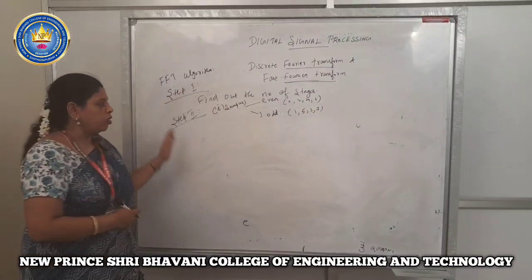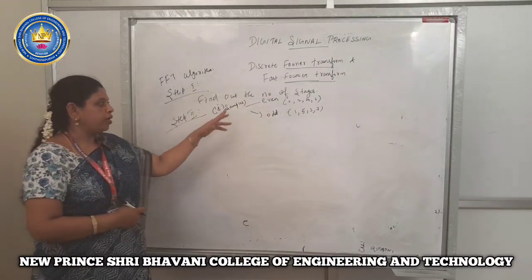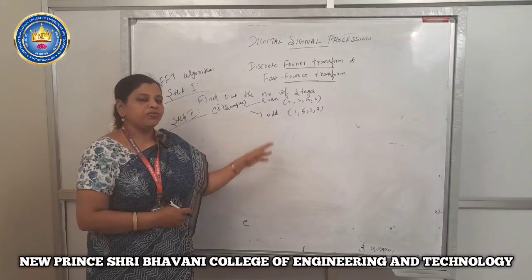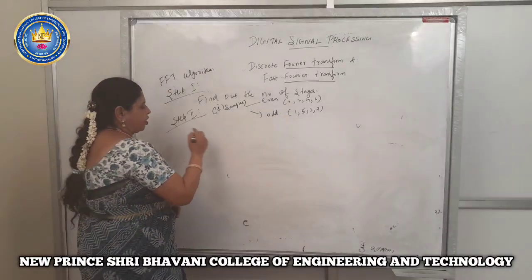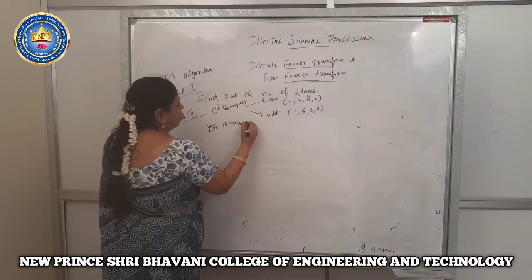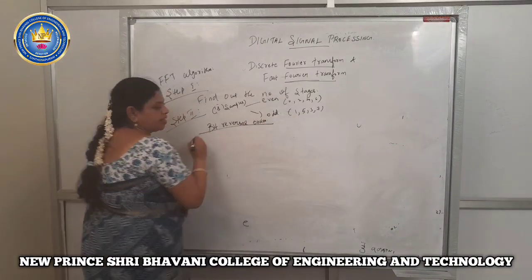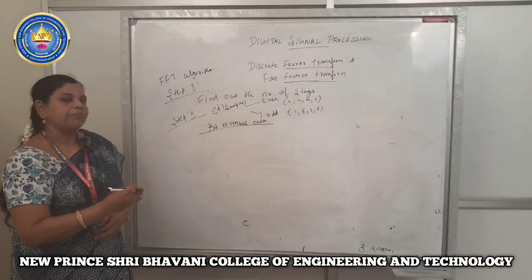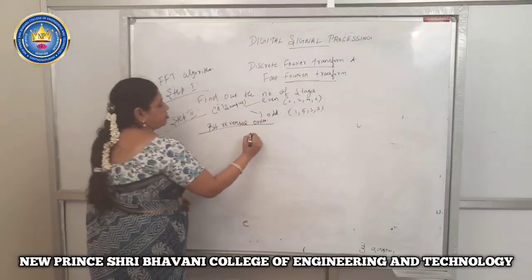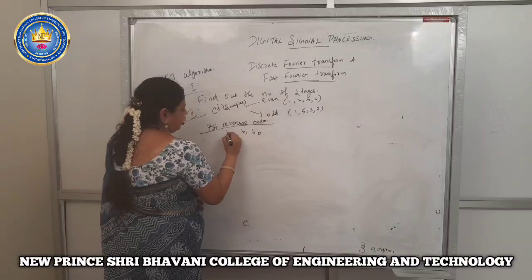My sequence is in the order 0, 1, 2, 3, 4, 5, 6, 7. So how do we divide this into even and odd? One of the easiest ways is to use the bit reversal order. In my DIT, given the sequence x of n, I will take it in bit reverse order, say B0, B1, B2.